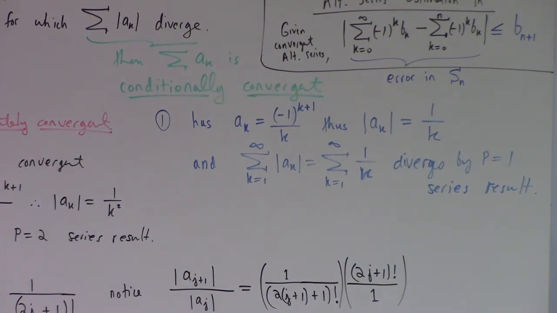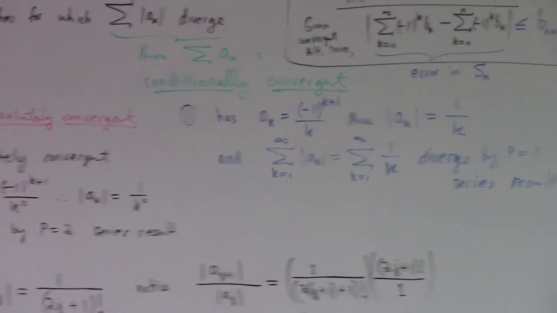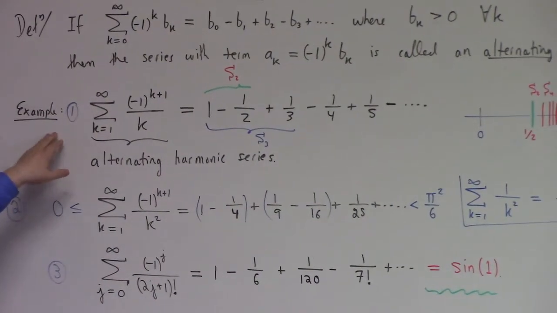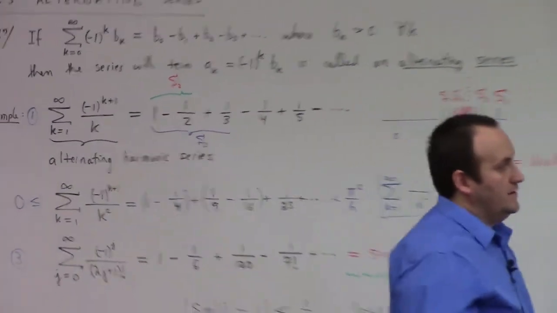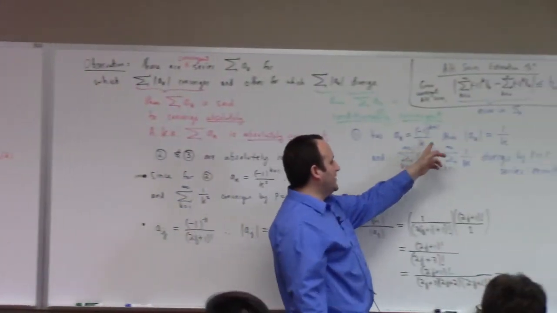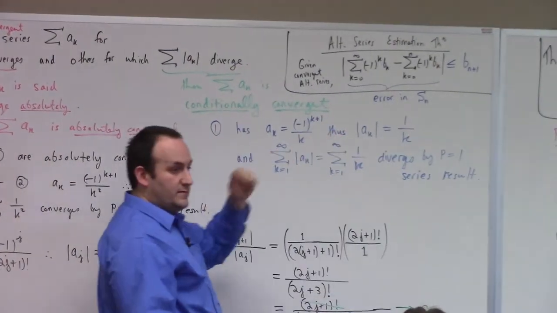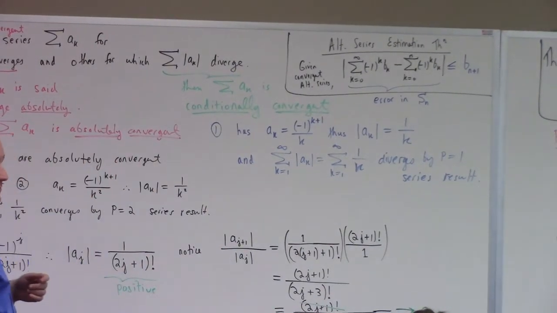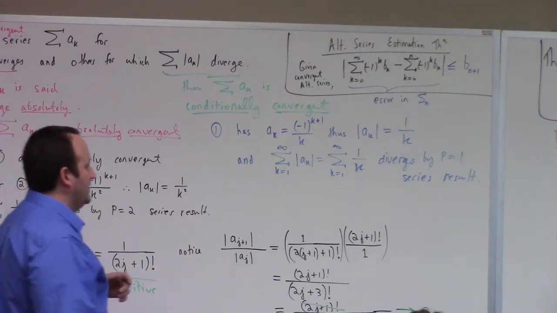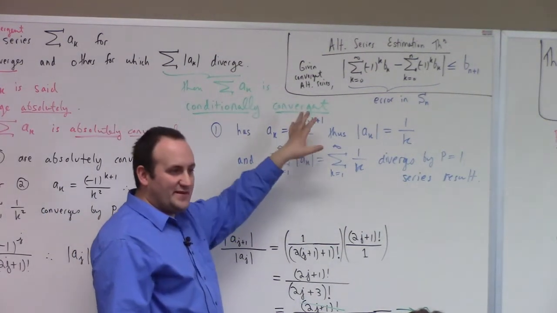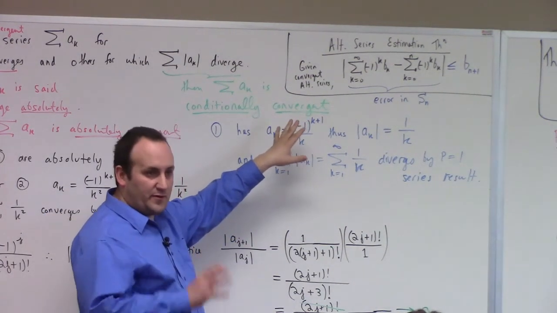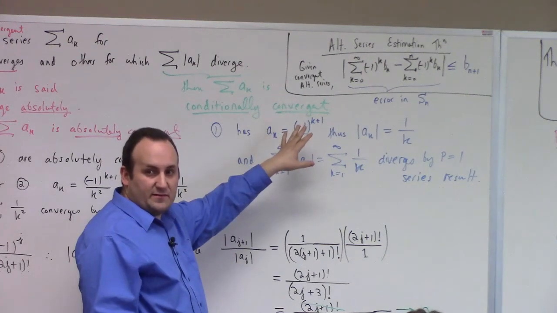Now, the first example I gave you here was actually a conditionally convergent series. Because if you look at minus 1 to the k plus 1 over k, the absolute value of this is what? It's 1 over k. Right, exactly. The absolute value kills the minus 1 to the power. That's an important algebraic observation.